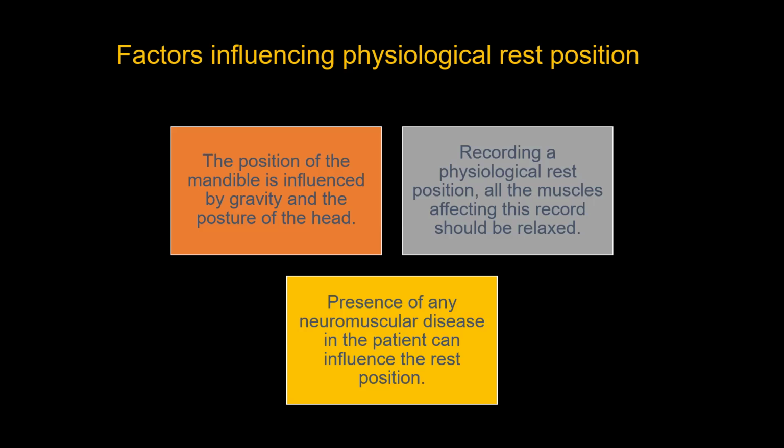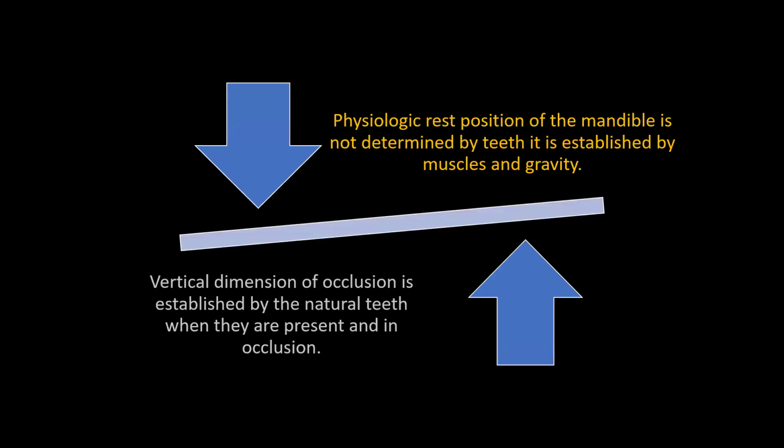And also, a very important factor is assessing and determining any underlying condition, which may be the presence of any neuromuscular disease in the patient, which again influences the rest position. So, the physiological rest position of the mandible is not determined by teeth, it is established by muscles and gravity. The vertical dimension of occlusion is established by the natural teeth when they are present and are in occlusion.